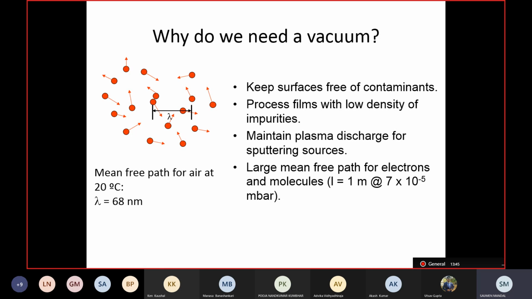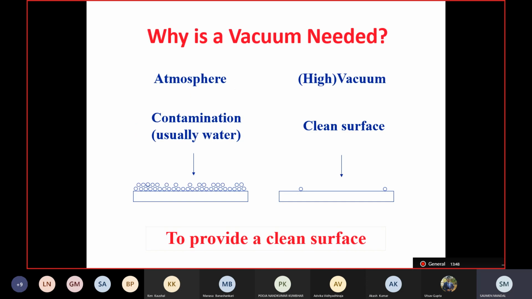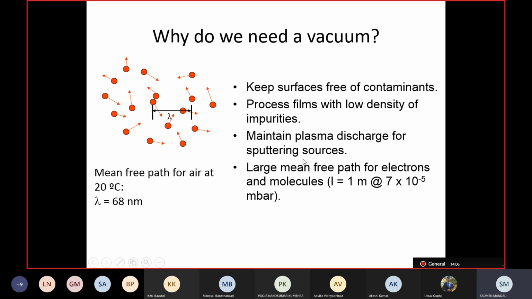There are two kinds here: one is that adsorbed moisture may be on the surface and could be trapped, and also during the deposition this contaminant molecule may come and get trapped. So if you have a good quality high vacuum, then the processed film will have low density of impurity. And in case of sputtering, maybe after 2 classes I'll start the sputtering, then I'll talk about maintaining the plasma discharge for the sputtering source.